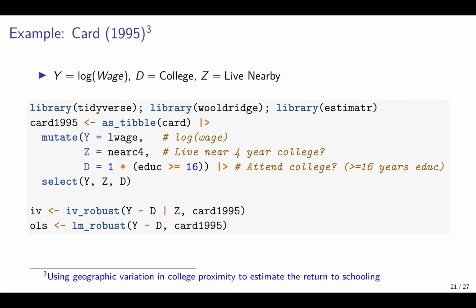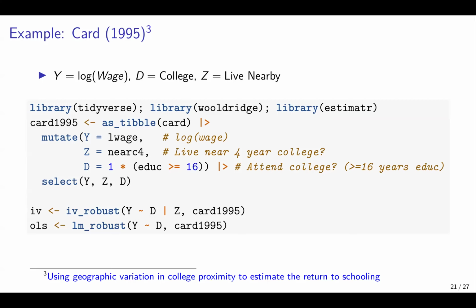I'm realizing that this lecture now comes in a different order from in past years, so I haven't yet actually shown you this estimator package. Estimator basically can be used to run IV and OLS with robust standard errors very, very easily. I'm using this because I want to replicate the results of this Card paper, and that uses robust standard errors.